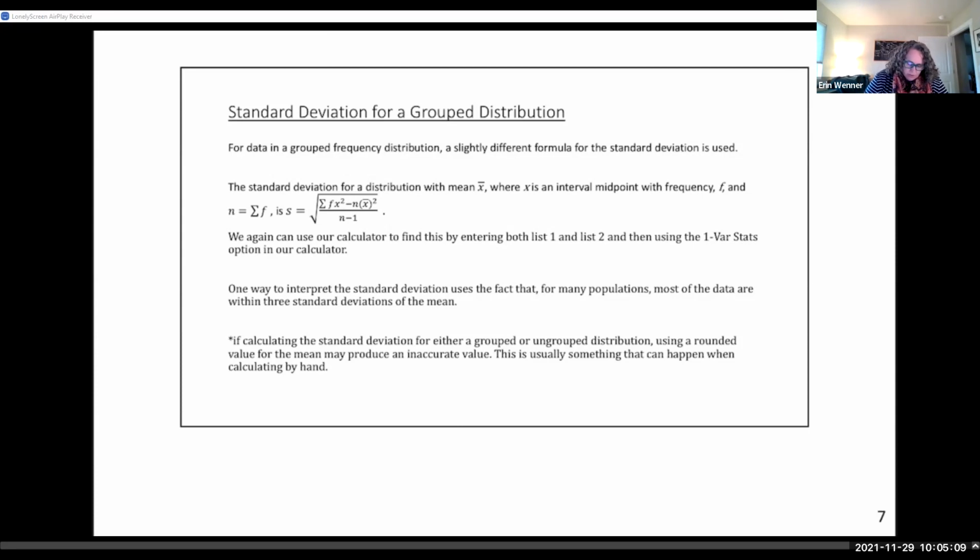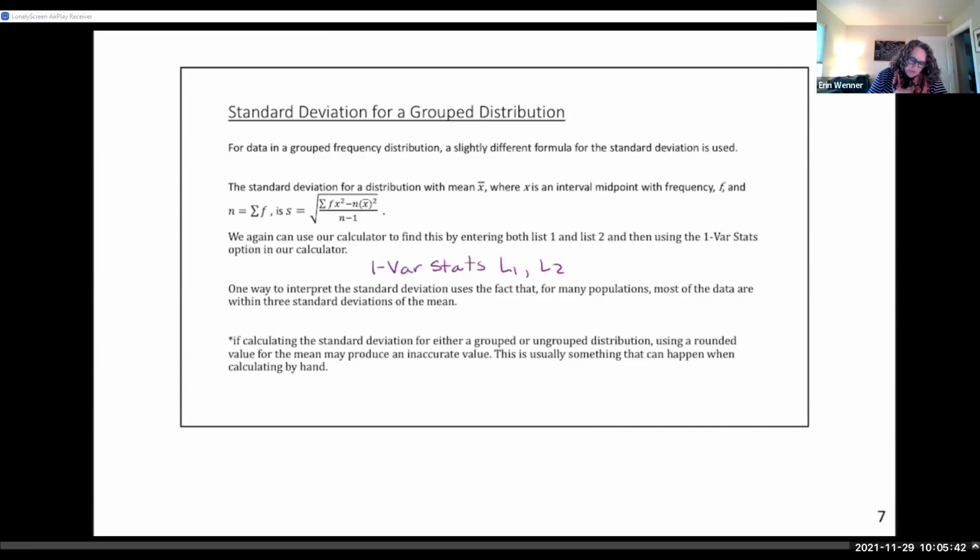But if we use our calculator to find the standard deviation by entering both lists 1 and 2 and then using 1-Var Stats, we enter 1-Var Stats, then L1, L2. And again, one way to interpret the standard deviation uses the fact that for many populations, most of the data are within 3 standard deviations of the mean.